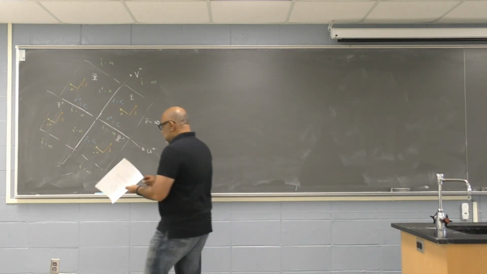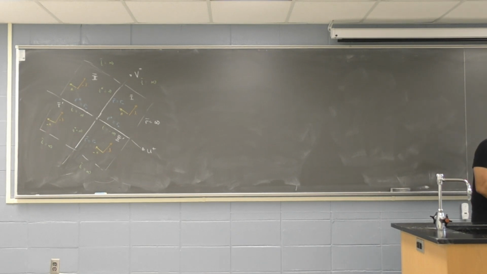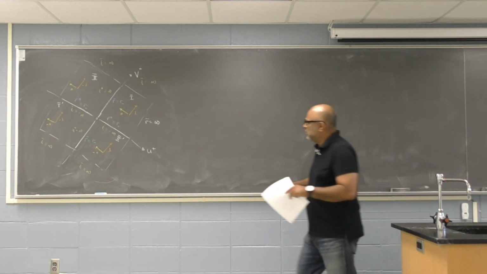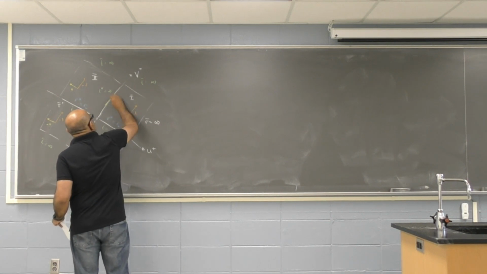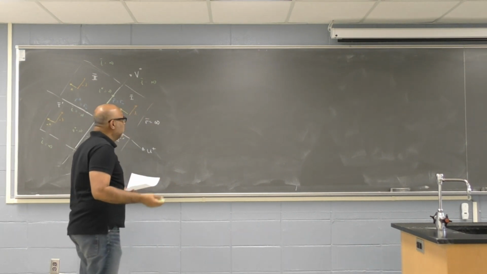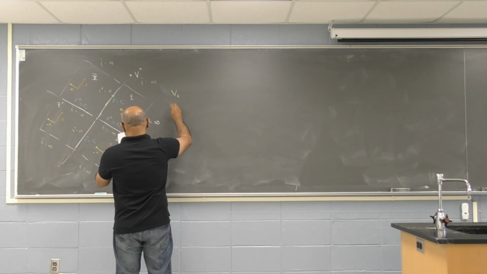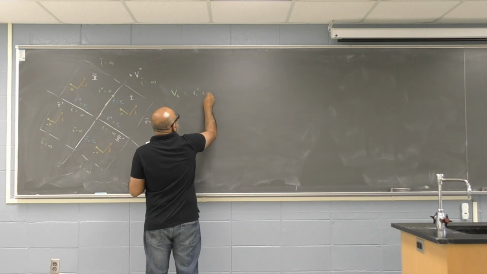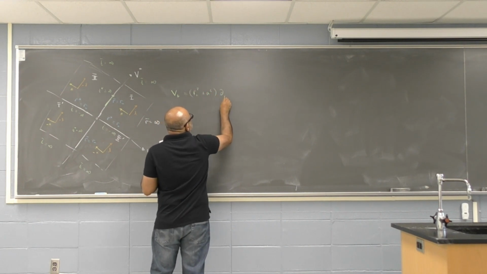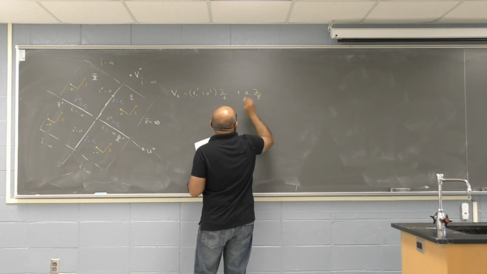On this patch, the future, we have seen this before. This is v plus, which is r squared plus a squared dt bar plus a d phi bar.